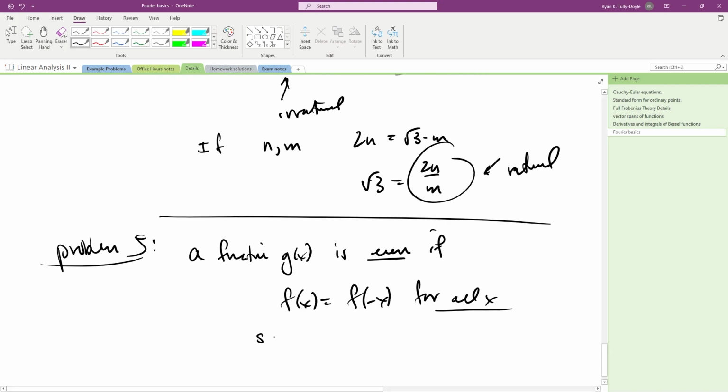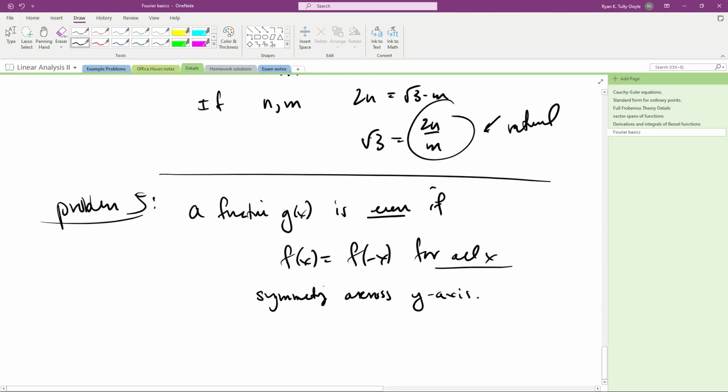This is also called symmetry across the y-axis. And so 5a asks you to show that the function fe of x is equal to fe of minus x. This is what you're to show.